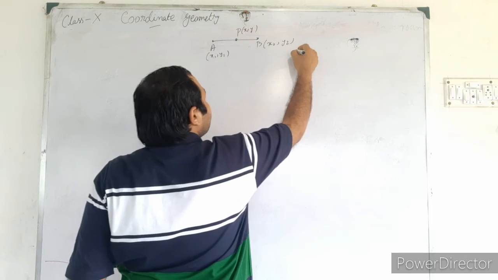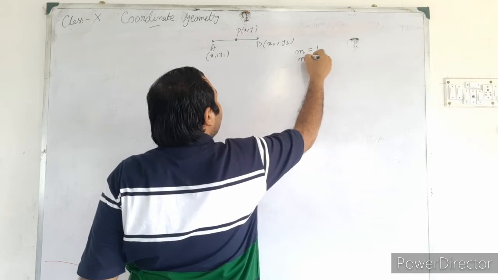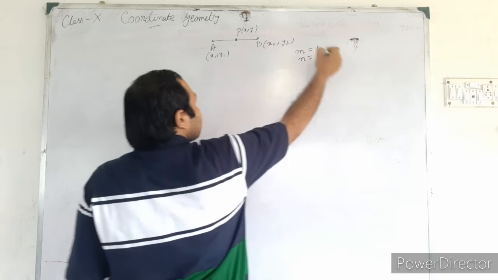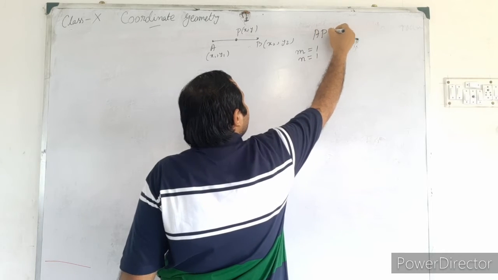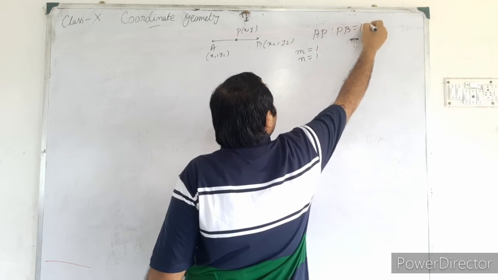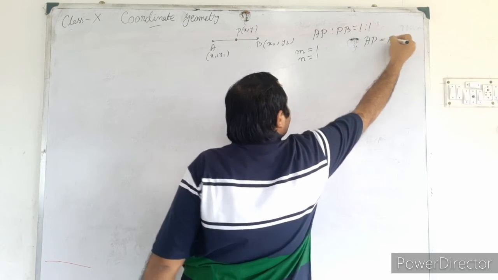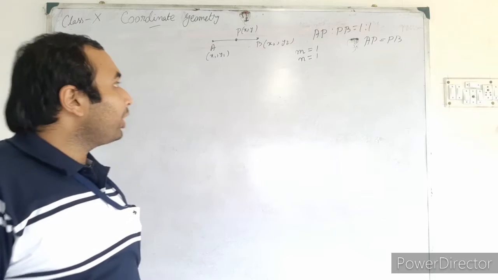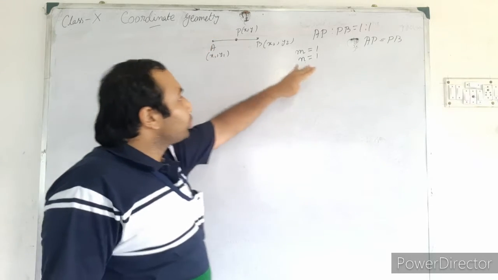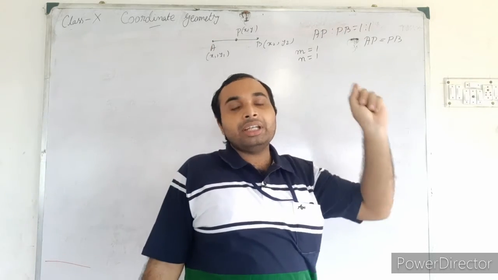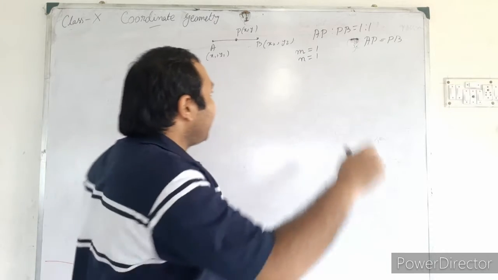Midpoint means m will be equal to 1, n will be equal to 1, that is AP is to PB will be 1 is to 1, or you can say AP equals PB, because those are the midpoints.